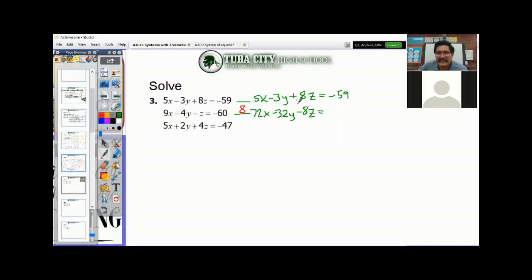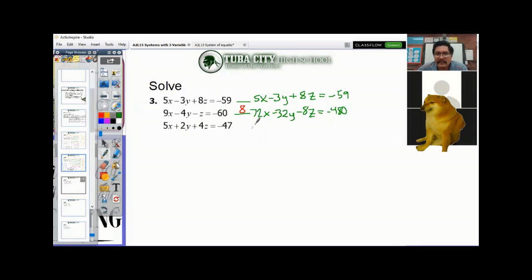I'm trying to eliminate z. So that'll cause this z to drop out. And I'm thinking this is negative 480, but I'm going to double check that. 60 times 8 is 480. Okay, that's right. So everything should have that canceled out.